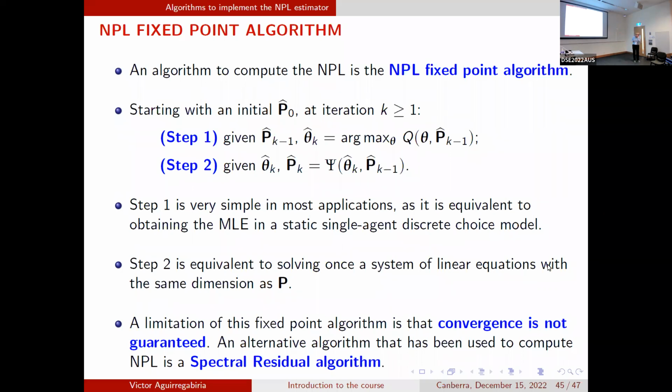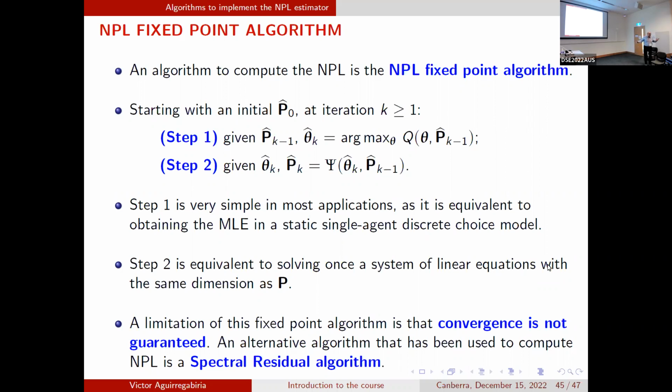We start with initial choice probabilities, we obtain a new theta, and given the new theta, we obtain a new P. Then what we have is what we call the NPL mapping, that is the composition of the mapping C, the best response mapping, and the mapping theta hat, that is basically the pseudo likelihood estimator of theta for a given P. This algorithm is basically iterating fixed point iterations in the NPL mapping.